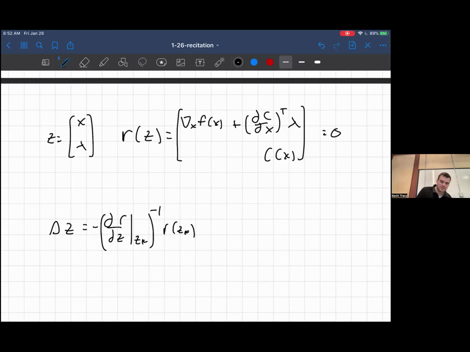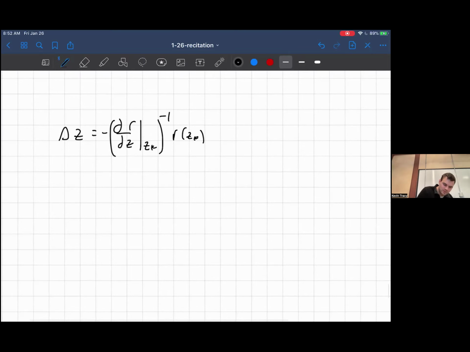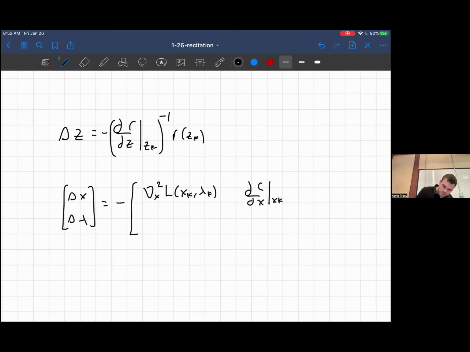This is the definition of the Newton step. So now let's apply this to our specific problem. What we see is that delta x, delta lambda equals negative. And now let's form the Jacobian of this. And this is where we get the Hessian of our Lagrangian, our constraint Jacobian, transpose.